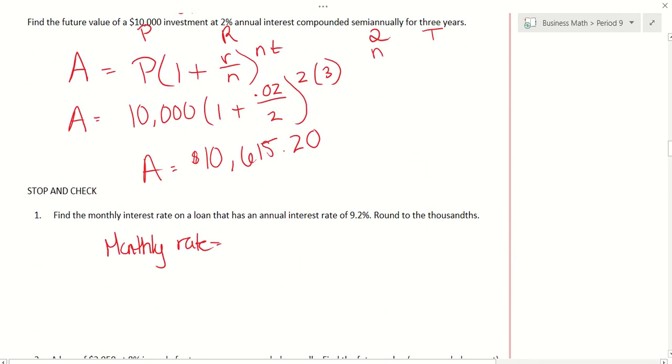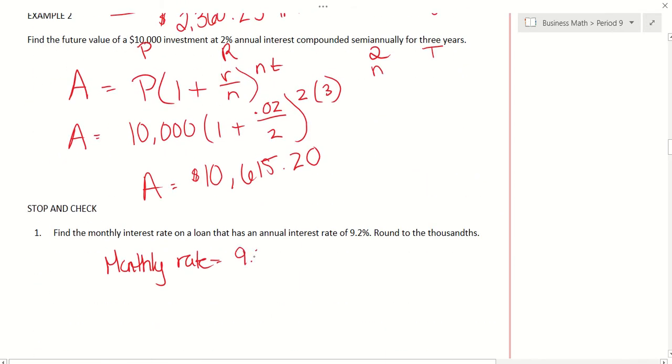So if they give us a rate of 9.2% over the periods per year, well, if it's monthly, how many periods is that? 12. There's 12 months in a year. What does that give us? You make sure to convert to a decimal and then back to a percent. The answer is 0.767%.